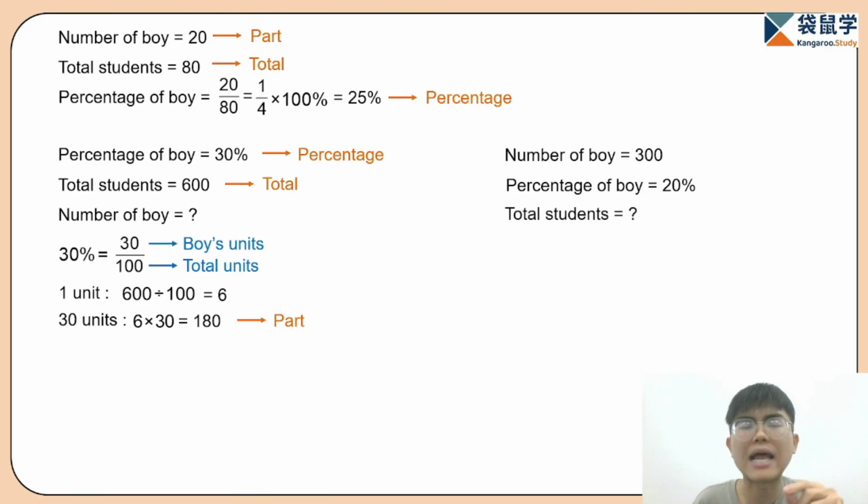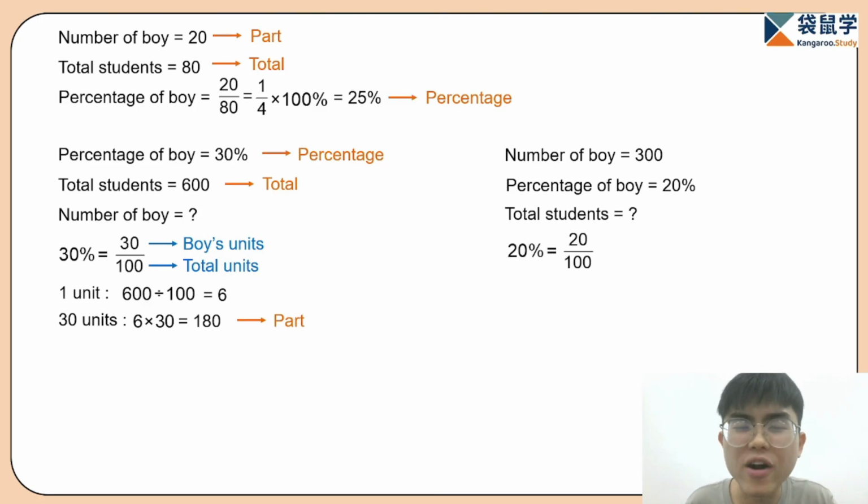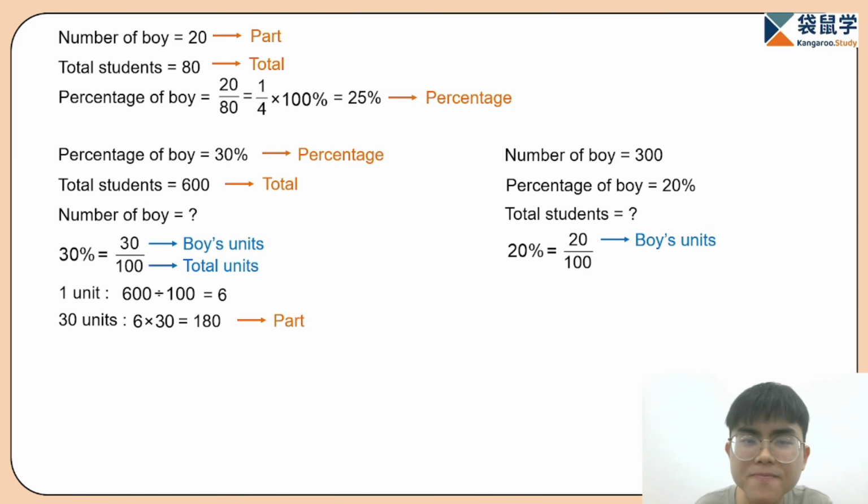Since we know that there are 20% of boys in the class, this 20% can be written as 20 over 100. And again guys, what does this 20 represent? It is the boys unit. How about the 100? It is the total unit. So now, how do we find what is 1 unit?